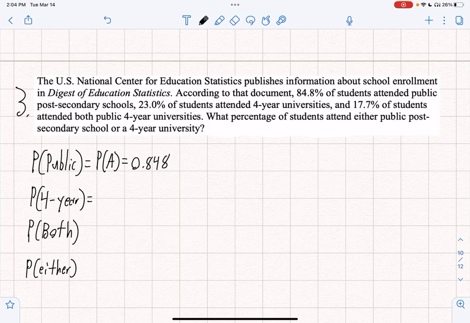23% of students attend a 4-year university. So I can call the probability of 4-year the probability of B. We are told this probability is 0.177. Or I'm sorry, that's not right. 23, 0.23.